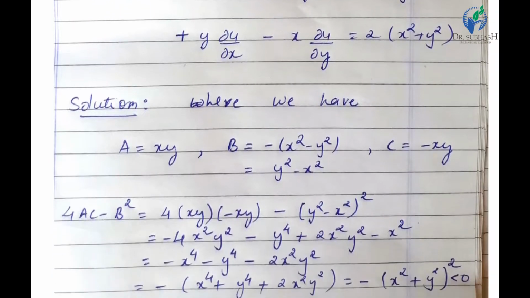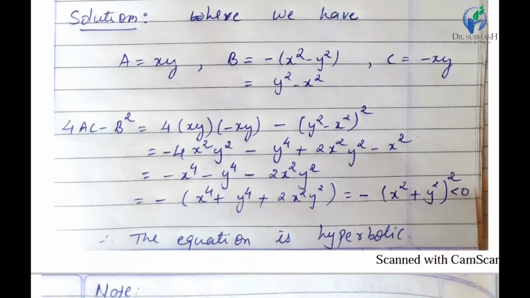Substituting these values in the expression 4ac minus b square, we open the brackets and simplify. After simplification we get minus x square plus y square whole square.